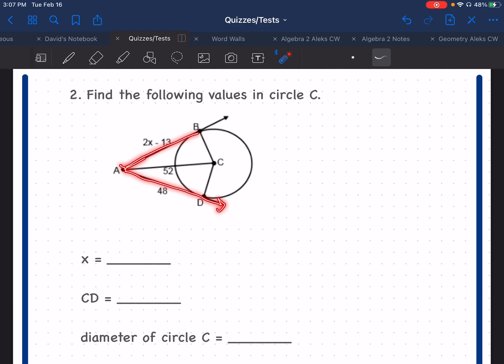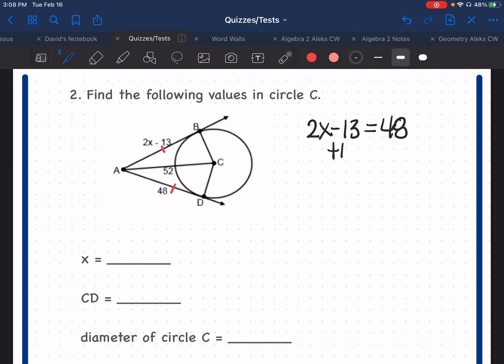This 2x minus 13 is on this tangent, and then there's a tangent down here, and they both intersect at A. There was a theorem that says if there's two tangents intersecting at a common point, then these tangents are congruent. So I'm going to go ahead and say this and this are equal, and I'm going to set up that equation and solve. And this is going to give me my value of x.